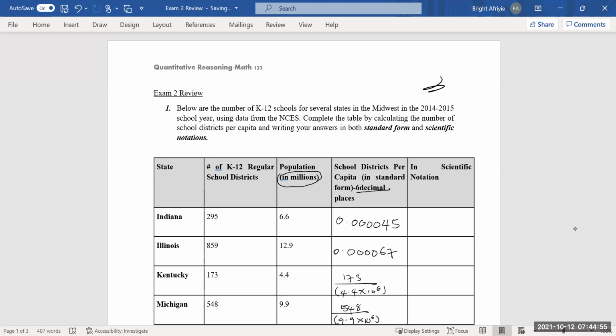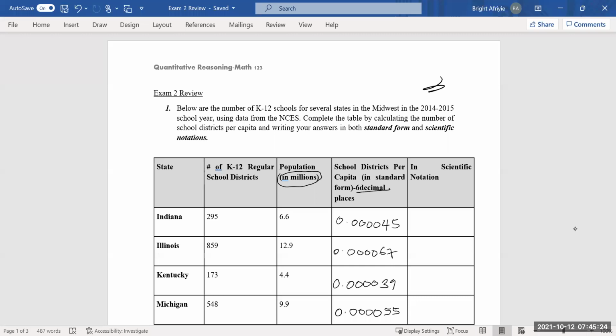And Kentucky is going to give you 0.000039, and Michigan is going to give you 0.000055. So this is the result you get in standard form for each of these states.